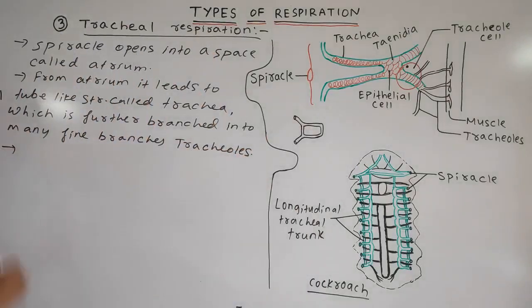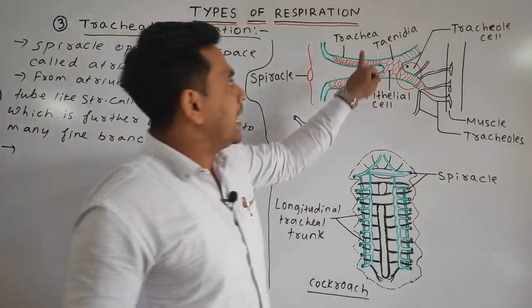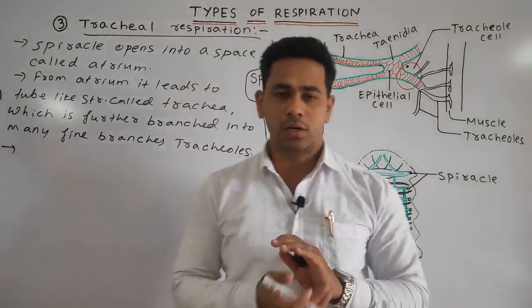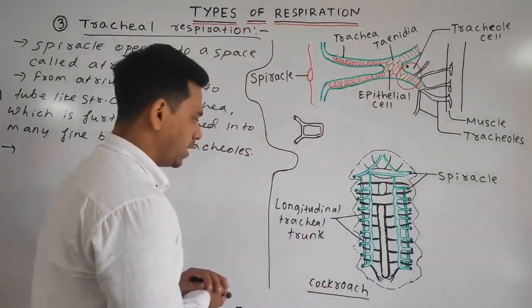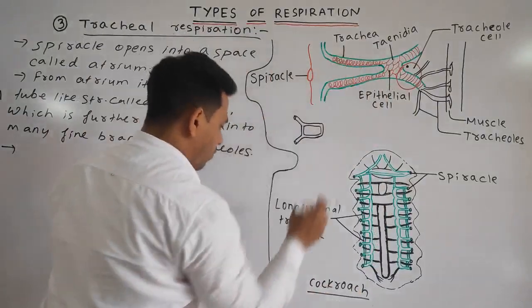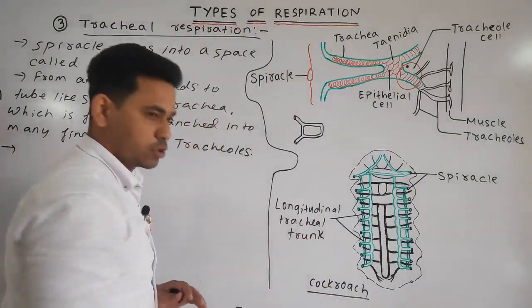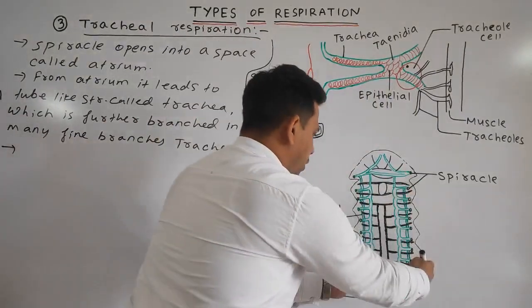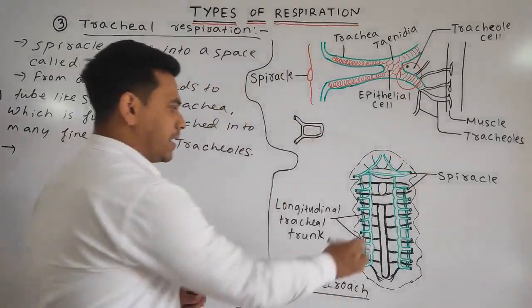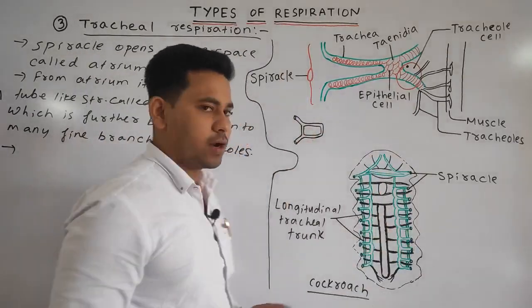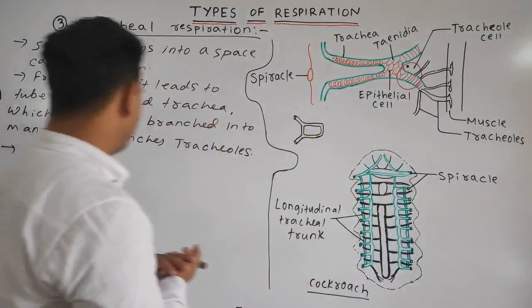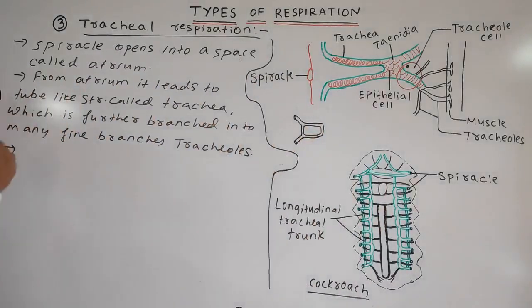Okay students, next point. The trachea forms the tracheal trunks. You can see here the trachea forms the tracheal trunks which are present longitudinally, in a paired manner, and run parallel to each other. First I will write it, then I will make you understand.